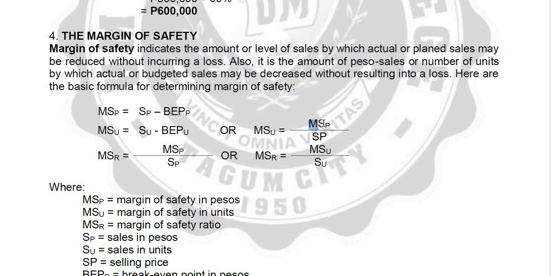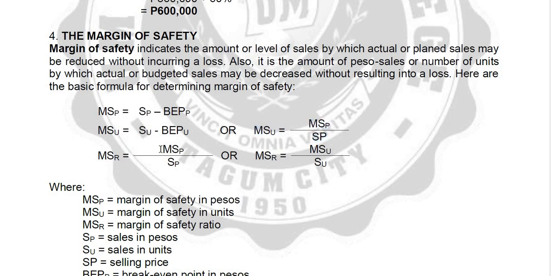So you have margin of safety per peso value divided by the selling price. So ito dapat ito, bakit ganito yung formula sa margin of safety per unit? So dapat ratio na ito, no? Ito na formula, ratio.